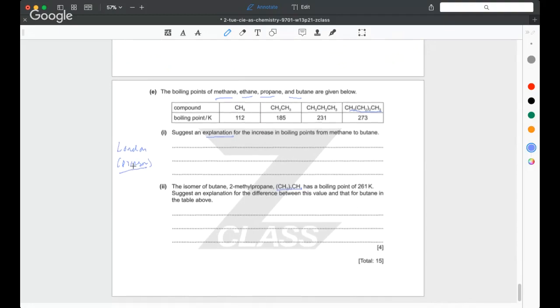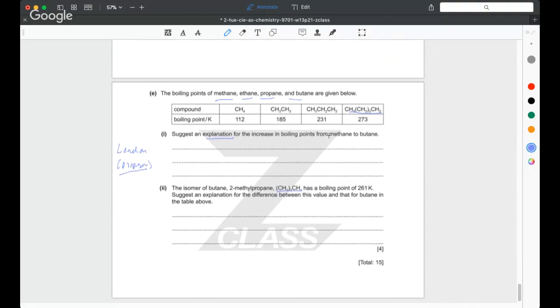Now, when you come down to comparing this 2-methylpropane with butane, if this is butane, I'll just draw the skeletal formula, 1, 2, 3, 4. When butane molecules are close together, you can see that they can stack closely, like this.